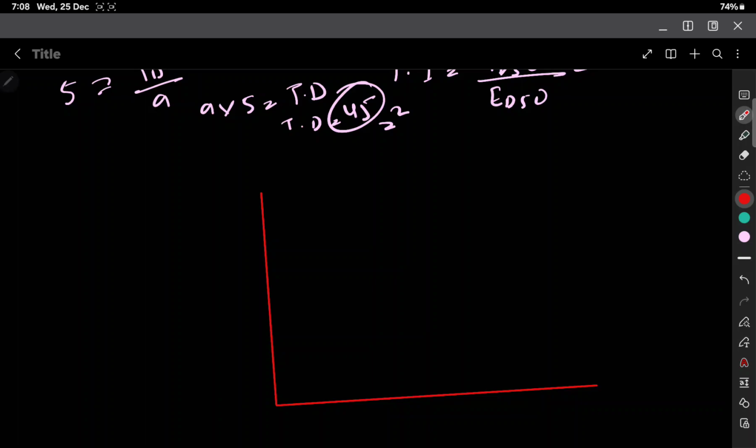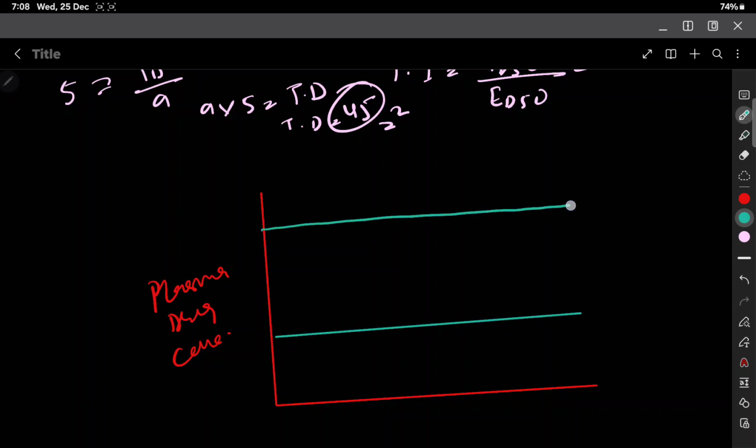For example, this is plasma drug concentration. So there are different things here. I will draw 2 lines here. So if a drug falls in this range, this range is called the subtherapeutic range.